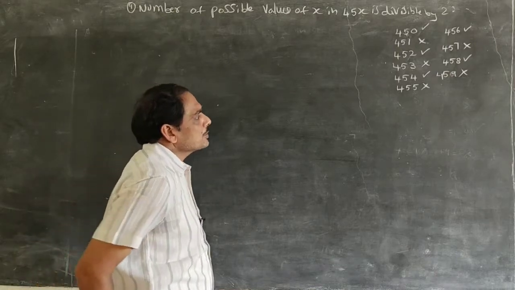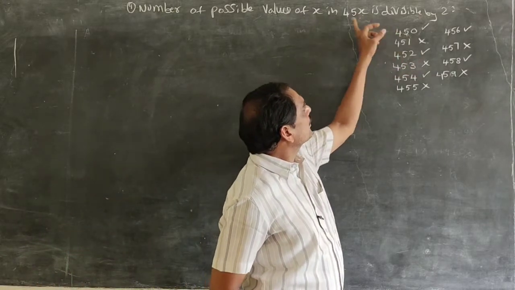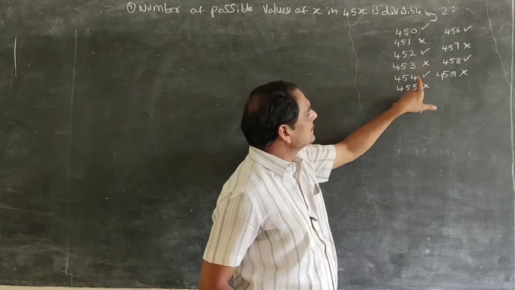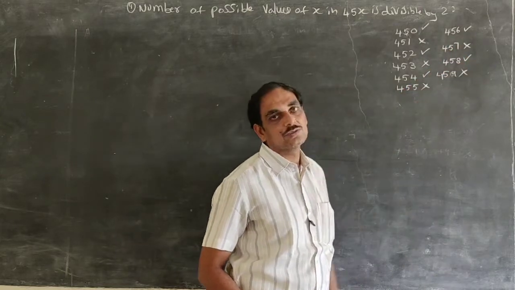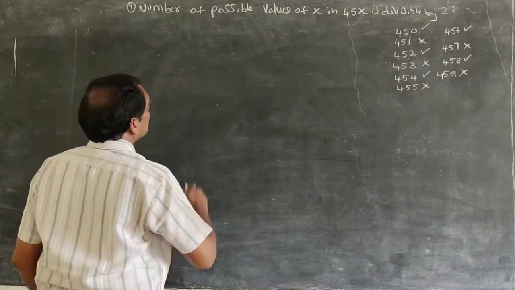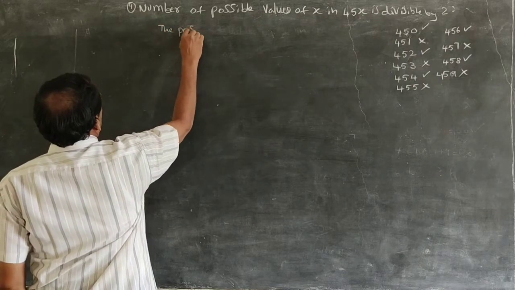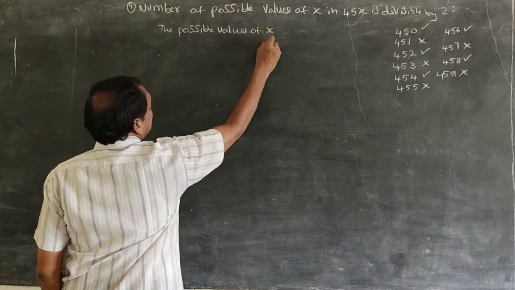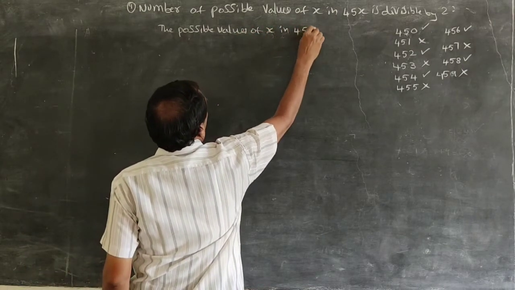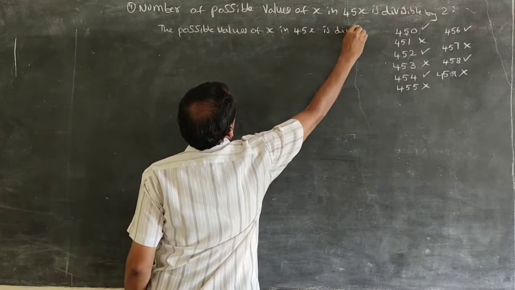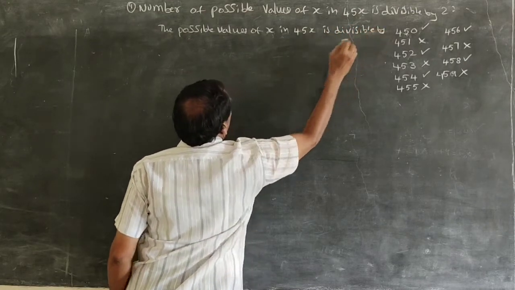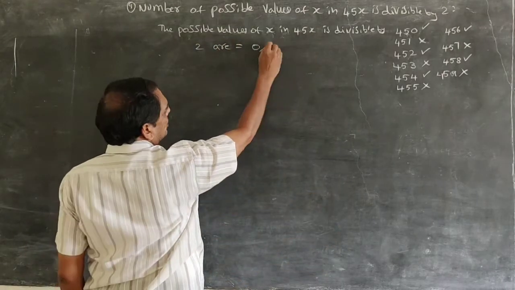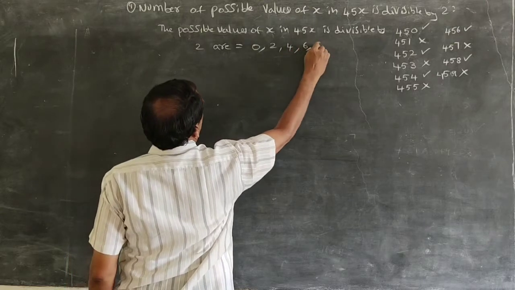So, now the possible values of x for which 45x is divisible by 2 are 0, 2, 4, 6, 8. So, we write the possible values of x in 45x divisible by 2 are 0, 2, 4, 6, 8.